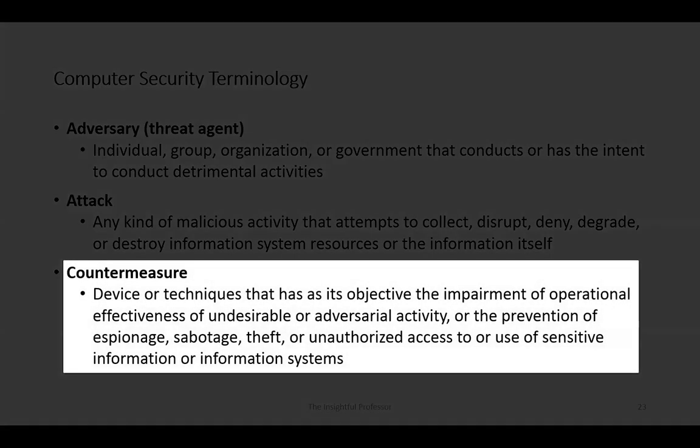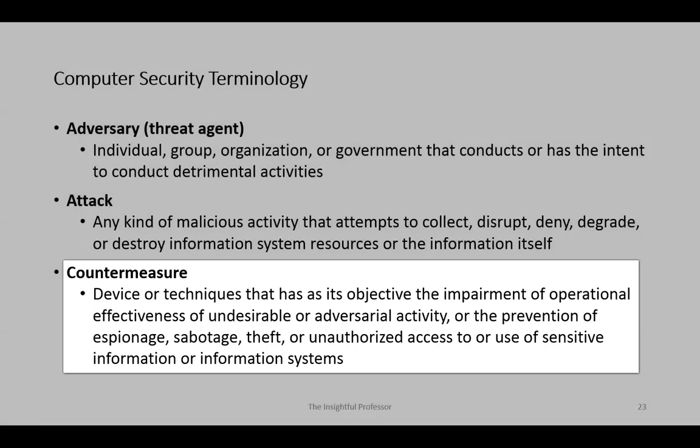A countermeasure is a device or technique that has as its objective the impairment of operational effectiveness of undesirable or adversarial activity, or the prevention of espionage, sabotage, theft, or unauthorized access to or use of sensitive information or information systems.